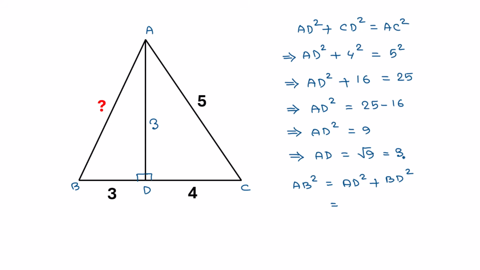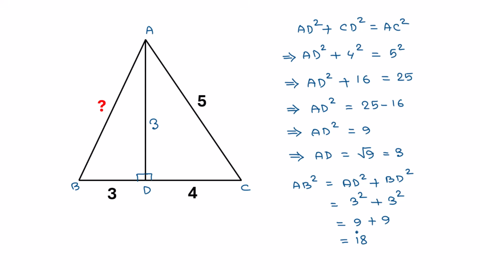We have found this as 3, so 3 square plus BD, this is 3, so 3 square, is equal to 3 square is 9 plus 3 square is 9, is equal to 9 plus 9 is 18.